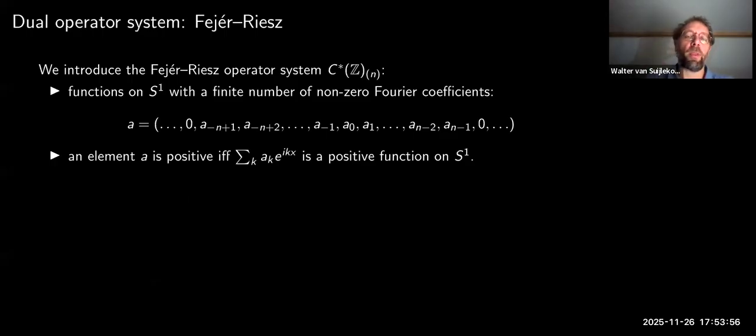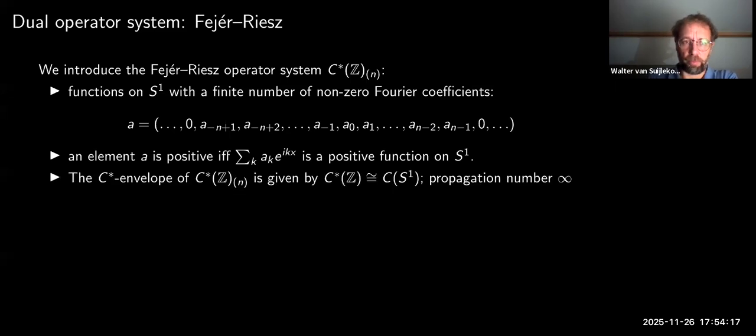What we do is we take a finite support condition, so it's a Fourier truncation, where we say the Fourier coefficients are 0 from a certain point onwards. And then positivity is just as a function on S1. So it's all sitting in C star of Z or C of S1. That's where you get the notion of positivity.